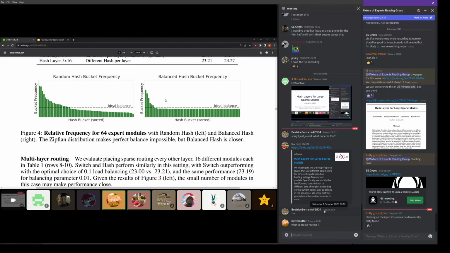I've been thinking about this lately. I've brought it up a couple of times, but I'm thinking about something even simpler than hashing, which is just modulo gating based on the token ID. Because in that case, the limit of experts you could have is the size of your vocabulary, theoretically.